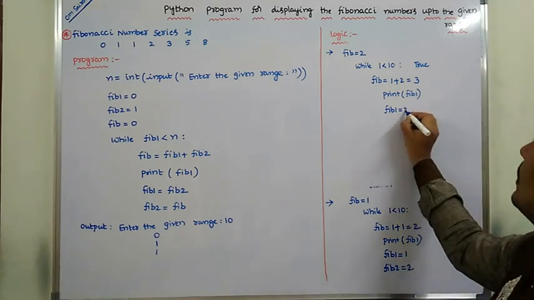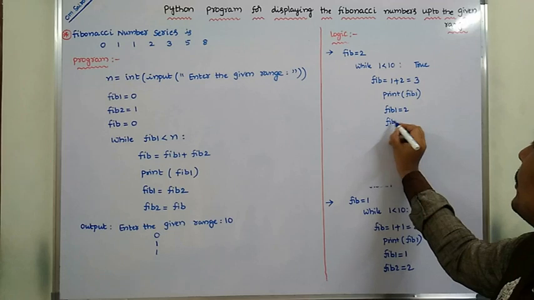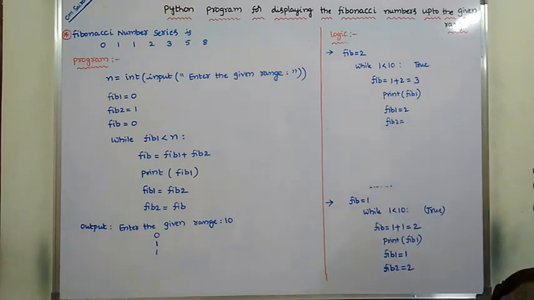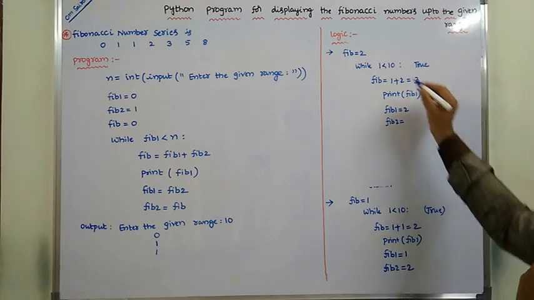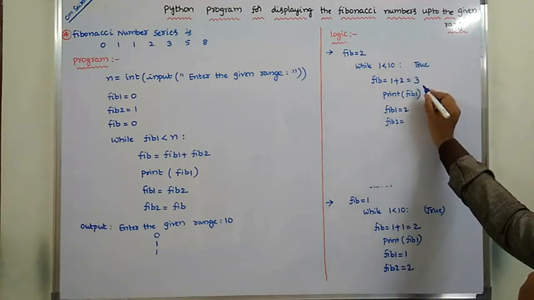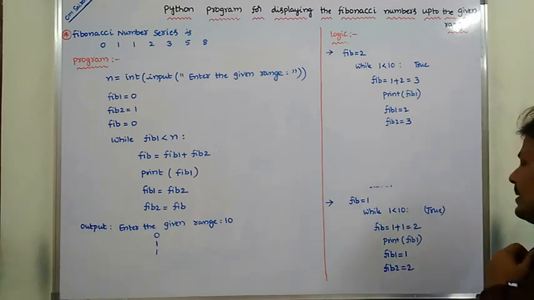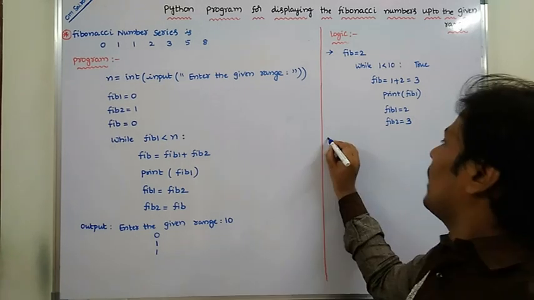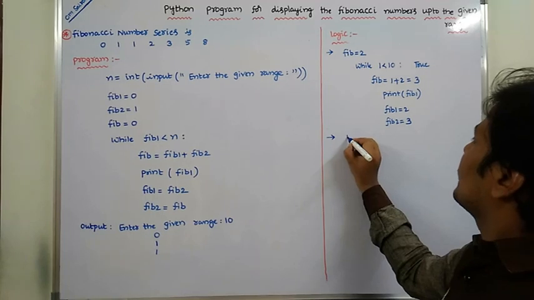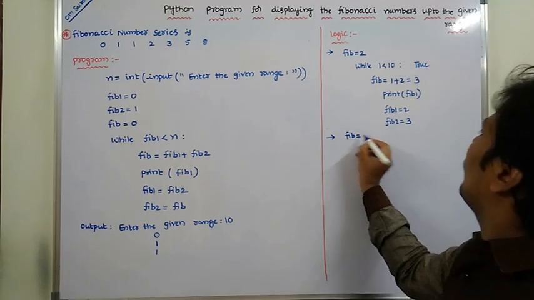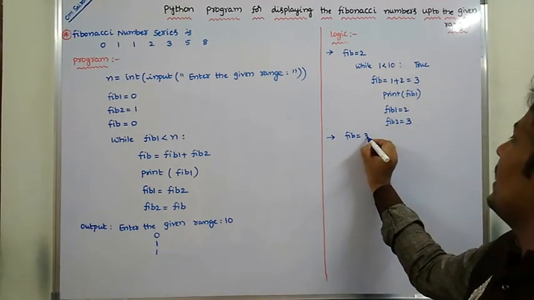That is 2. Next, Fib2 is equal to Fib. What Fib value are we getting? That is 3. Okay. After completing this step, Fib is equal to 3.